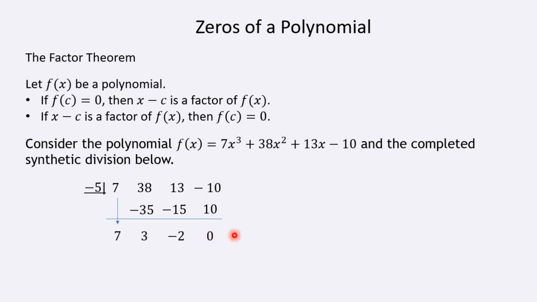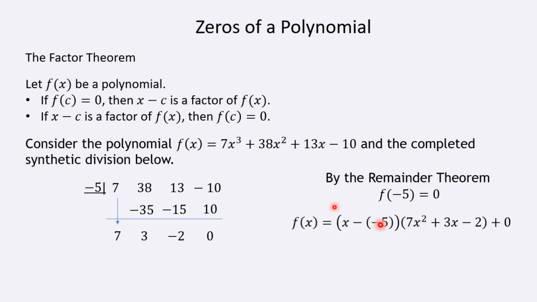And by the remainder theorem, that means that f of negative 5, which in this case is c, is equal to 0. But I have this factor theorem up here that says if f of c is equal to 0, which is the case here by the remainder theorem, then x minus c is a factor of f of x, which would mean that x minus negative 5 is a factor of f of x.